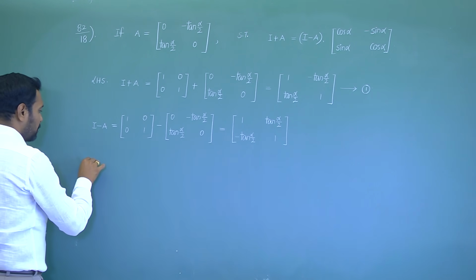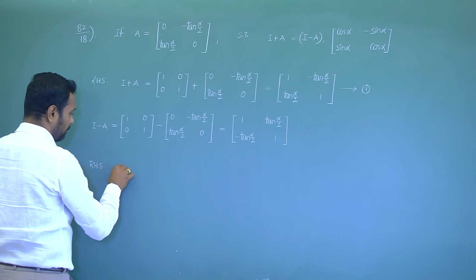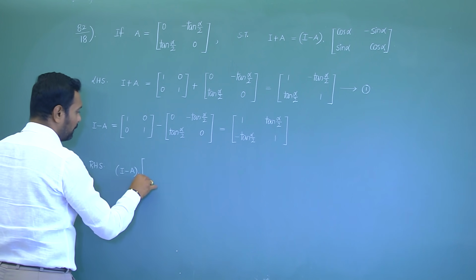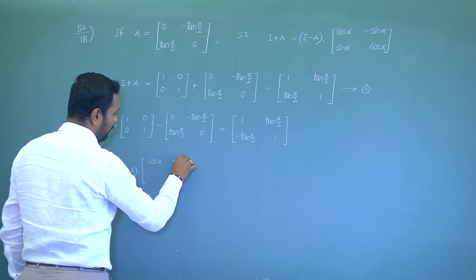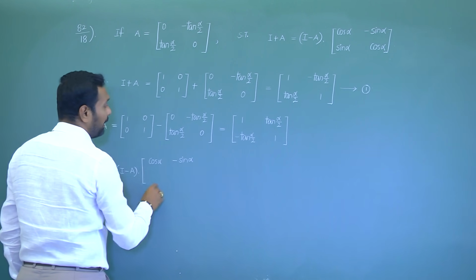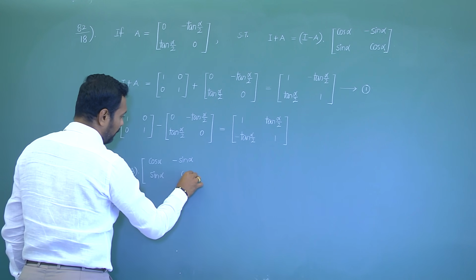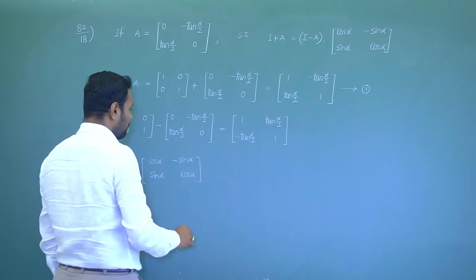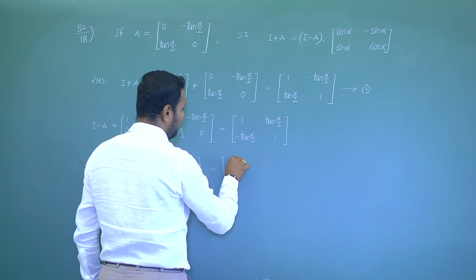Now I am considering the right hand side matrix form, that is I minus A into the matrix they have given, [cos alpha, minus sin alpha; sin alpha, cos alpha]. What is I minus A?